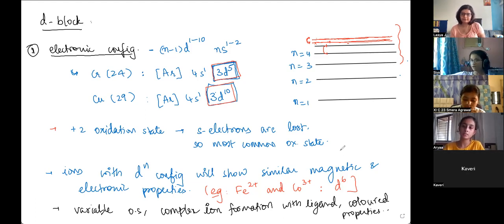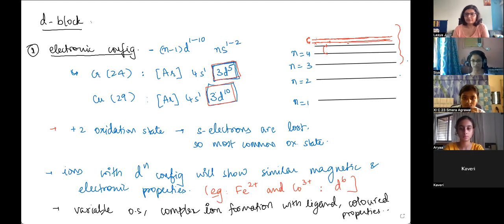Complex compounds are one case, but otherwise also any sort of chemical bonds. The unpaired electrons and vacant d orbitals are available to form chemical bonds, so it could be ionic, could be covalent, could be a coordinate compound for complex compounds.